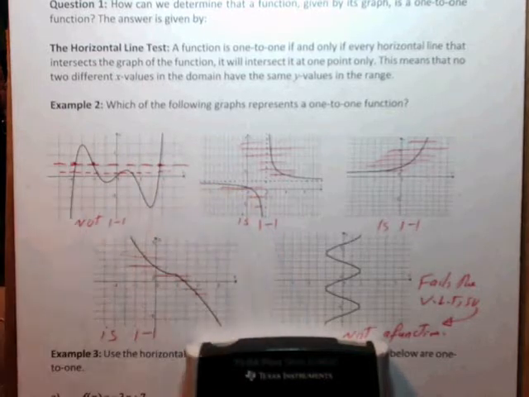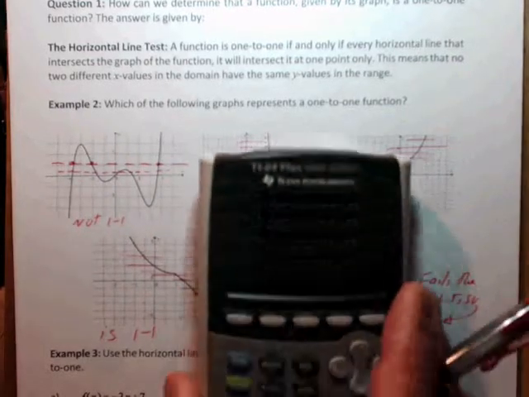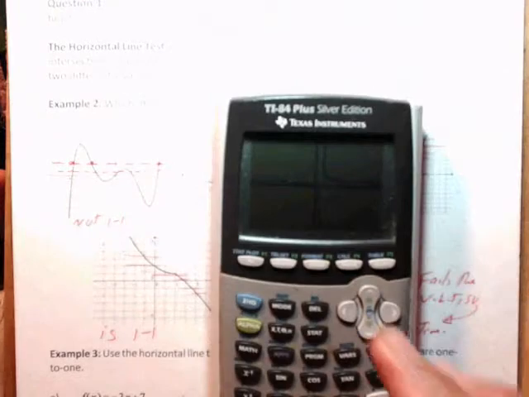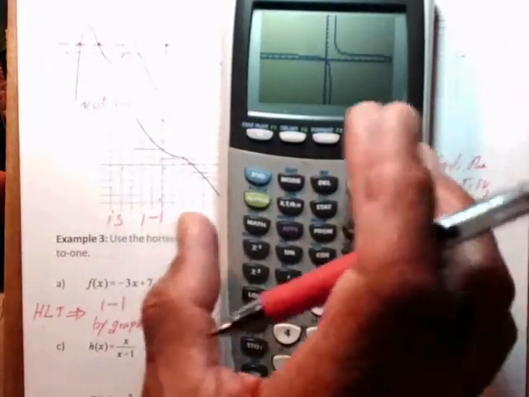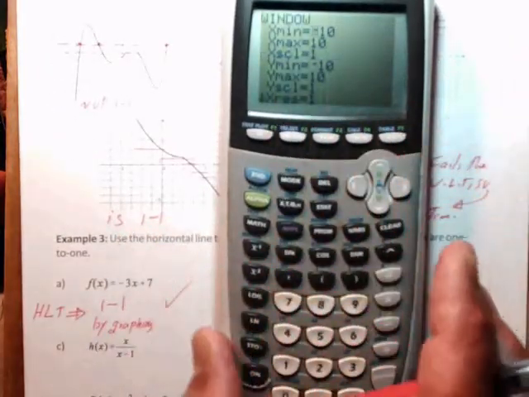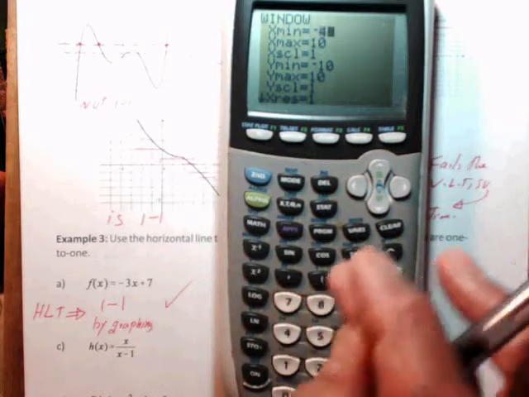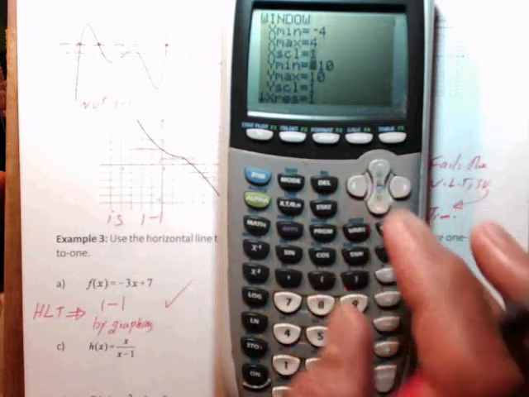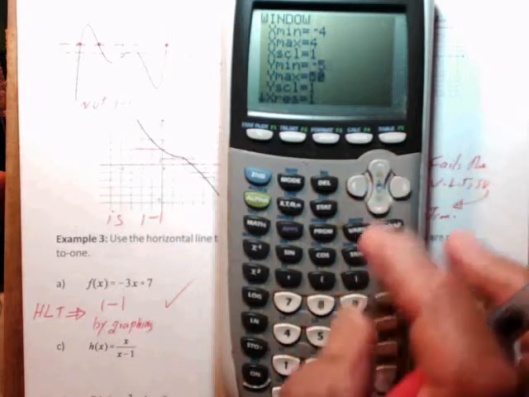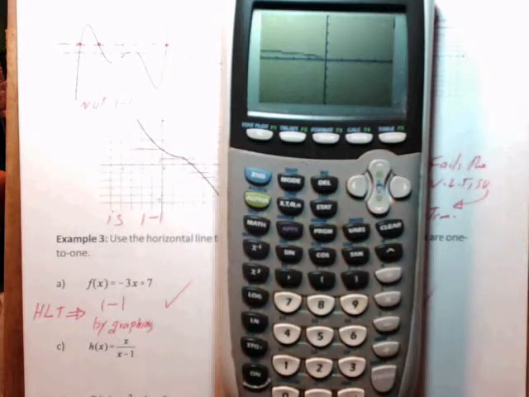This might be the same thing actually. I just changed the window, so if I change the window a little bit, let's say minus 4 to 4, and this one minus 5 to 5, just a little bit bigger. I see them.